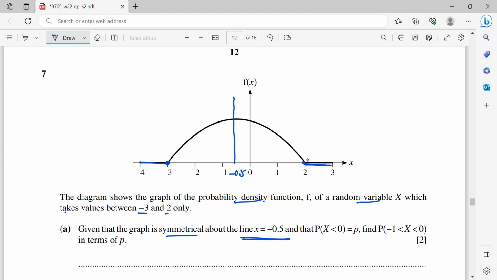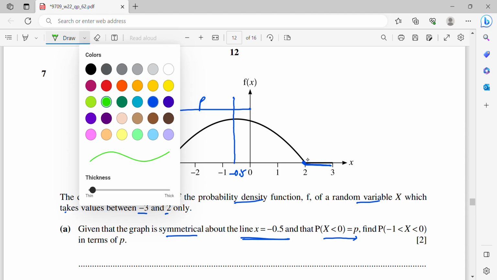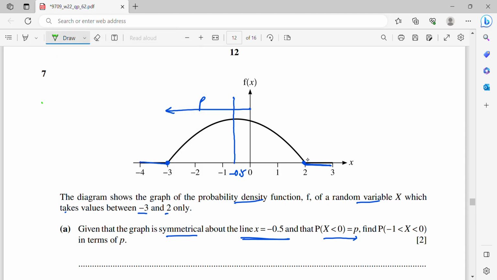And given that P(x < 0) equals p. So here, this is p, the probability. Now, you need to find P(x between -1 and 0). So, for your information, since the graph is symmetrical at x equals -0.5, the total region on the left-hand side is going to be 0.5 because the total area of the graph will be 1.